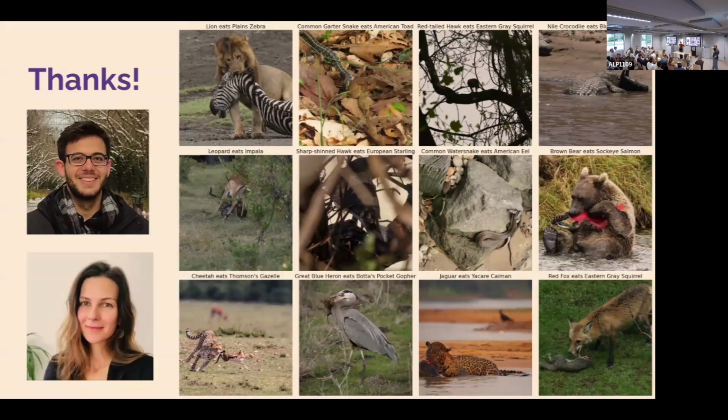So one of the things we've been experimenting with recently is searching embedding spaces of models like BioCLIP. You can do a prompt and see what comes up. I've been experimenting with this with a lion eating different things.